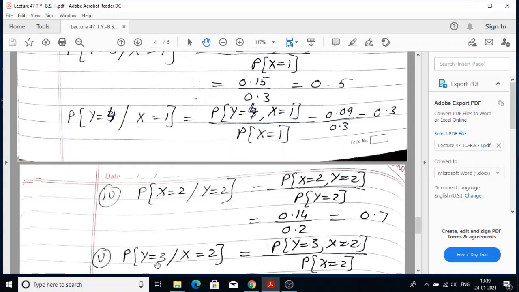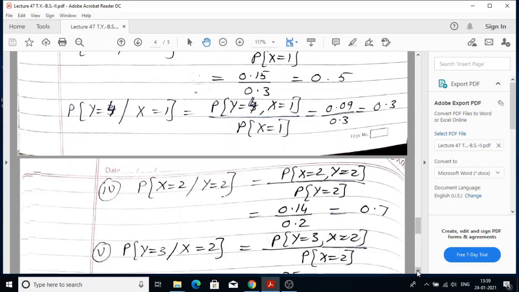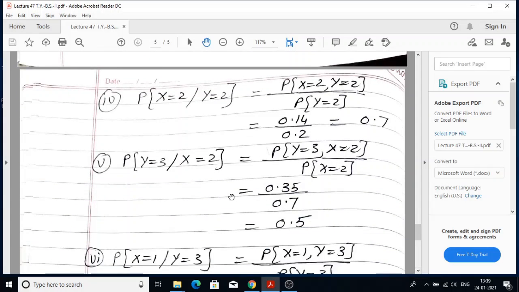Then probability y is equal to 3, given x is equal to 2, is equal to probability y is equal to 3, x is equal to 2 divided by probability x is equal to 2, which is equal to 0.35 divided by 0.7, the answer is 0.5. Now from where did I get this 0.35?